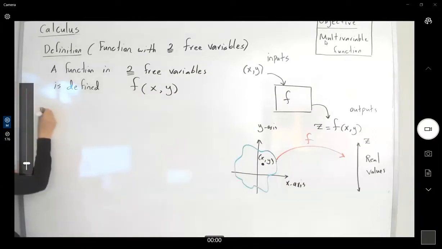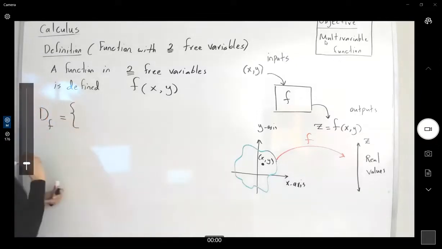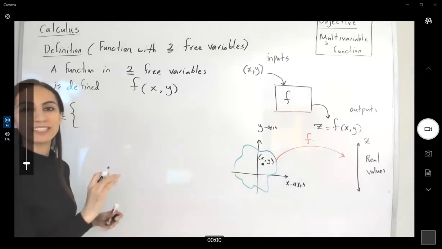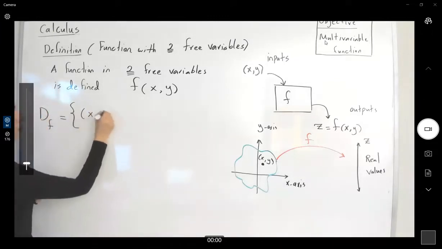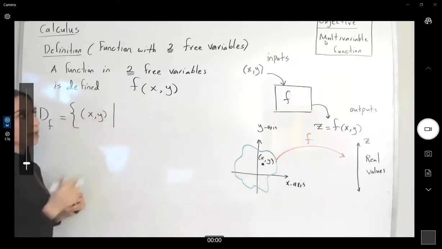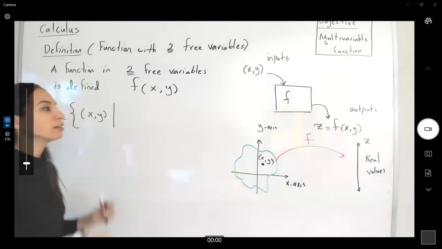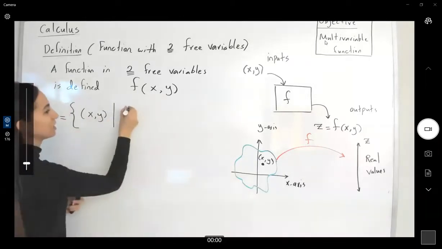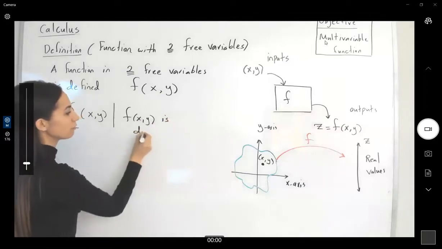So the domain of this function is defined as the set of all ordered pairs, all points like x and y, such that this guy is actually defined for those points. f of x and y is defined.